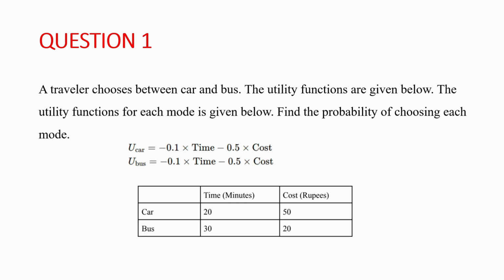In this question, car and bus, the factors considered for the utility function are time and cost. While using car, you spend only 20 minutes for travel, but the cost is around 50 rupees. And for bus, it's 30 minutes, but the cost is only 20 rupees. So let's see what is the probability of using each mode of transport.